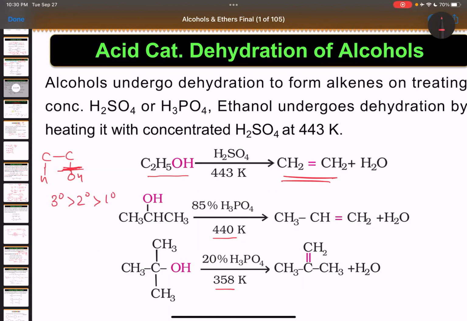Yes, sir. Clear? So that is the rate of dehydration. Why? The mechanism will let you know why. Tertiary alcohols are going to get dehydrated most easily. You can see this by noting the temperature. Clear? Yes, sir.